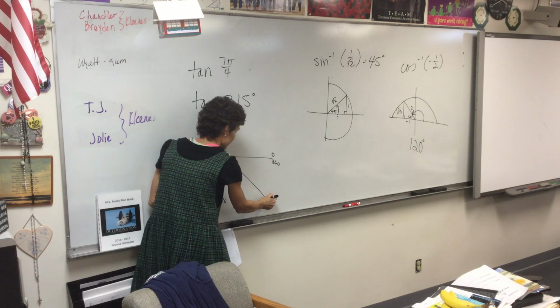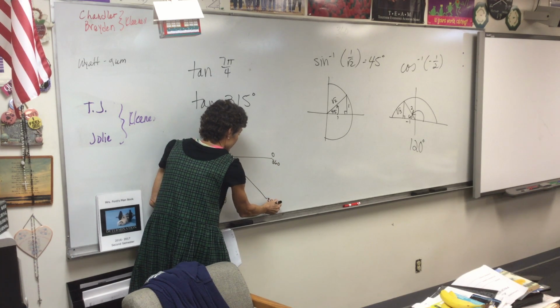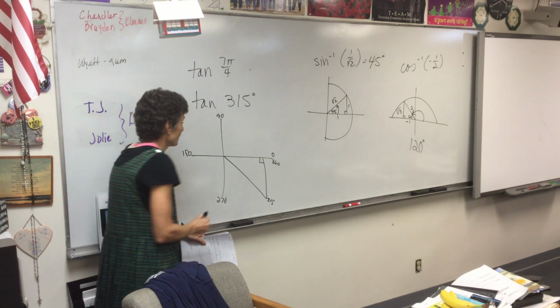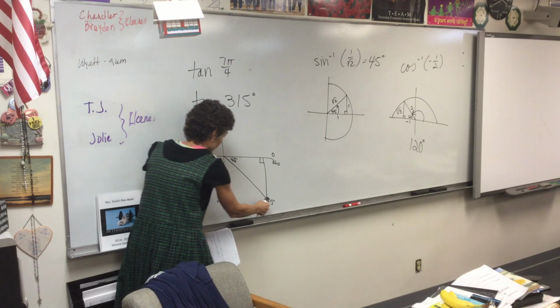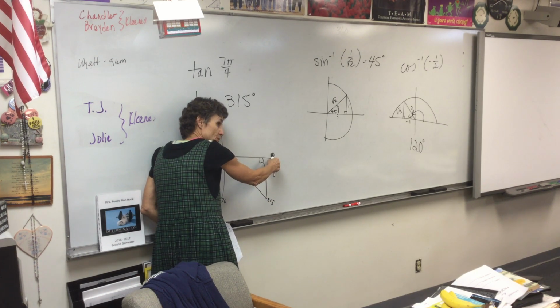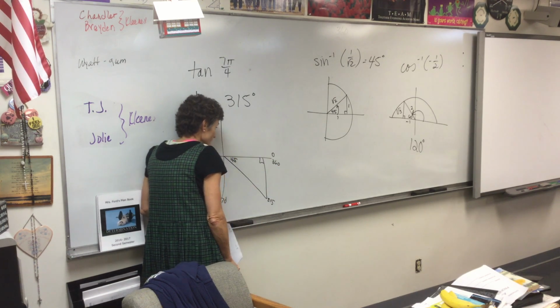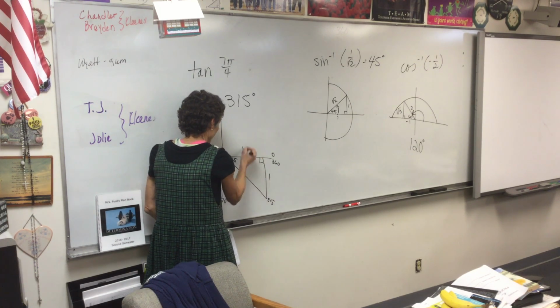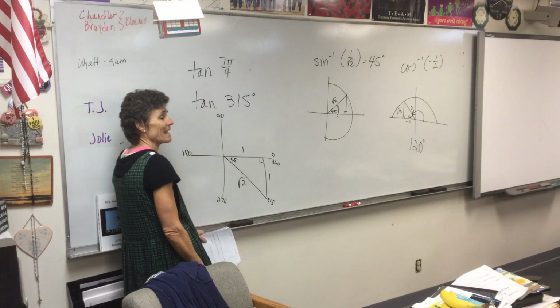Wouldn't it be over here? That's 315. So we butterfly bow tie it. That's a 45-degree angle because you got to get from 315 up to 360. What are the sides? 1, 1, root 2. What's negative?